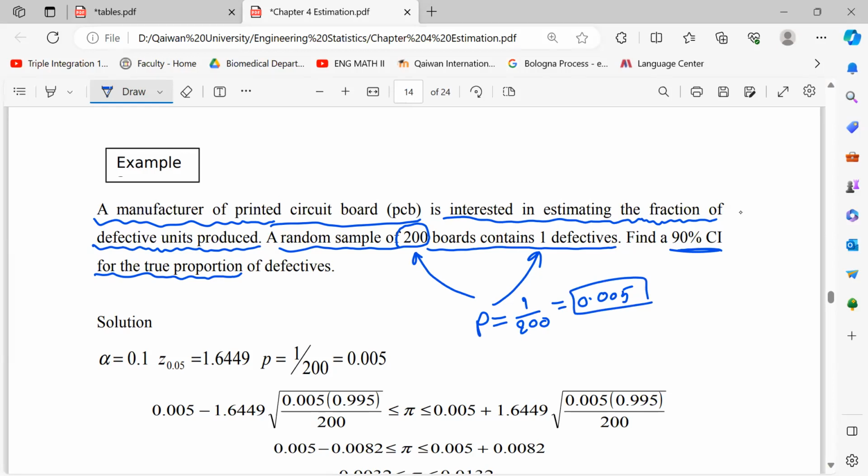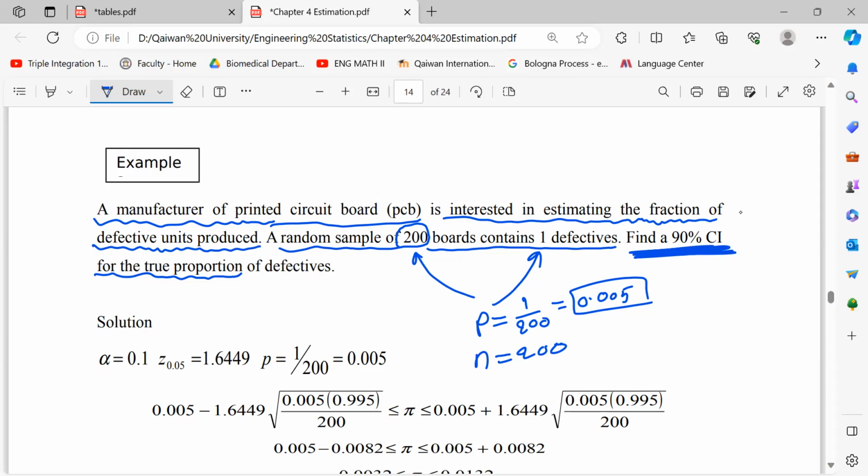That's it. It's P. What's N? N is 200. It's the sample. We now have these two. What else should we find? Alpha. We need to have alpha to get Z of alpha over 2. This is given.